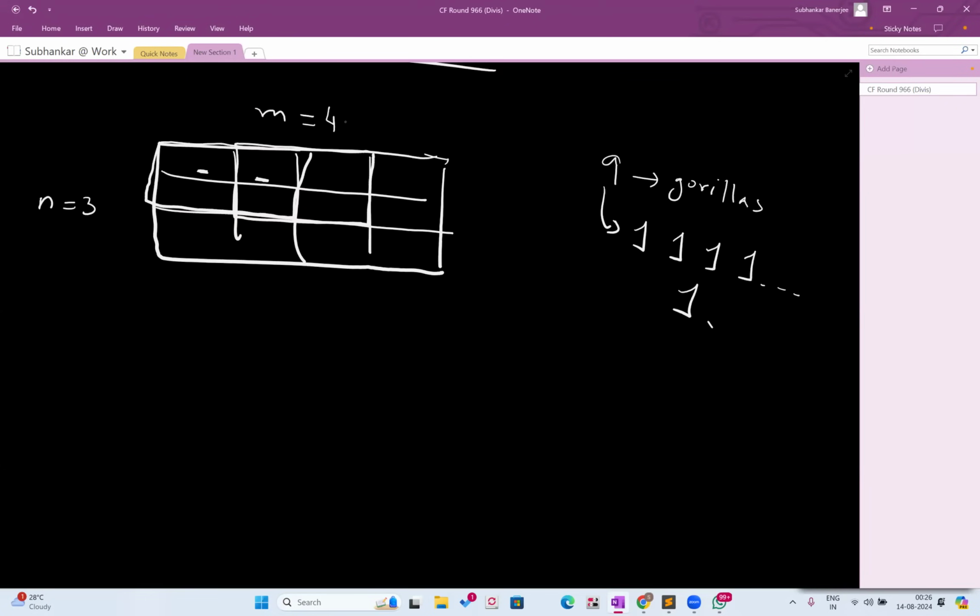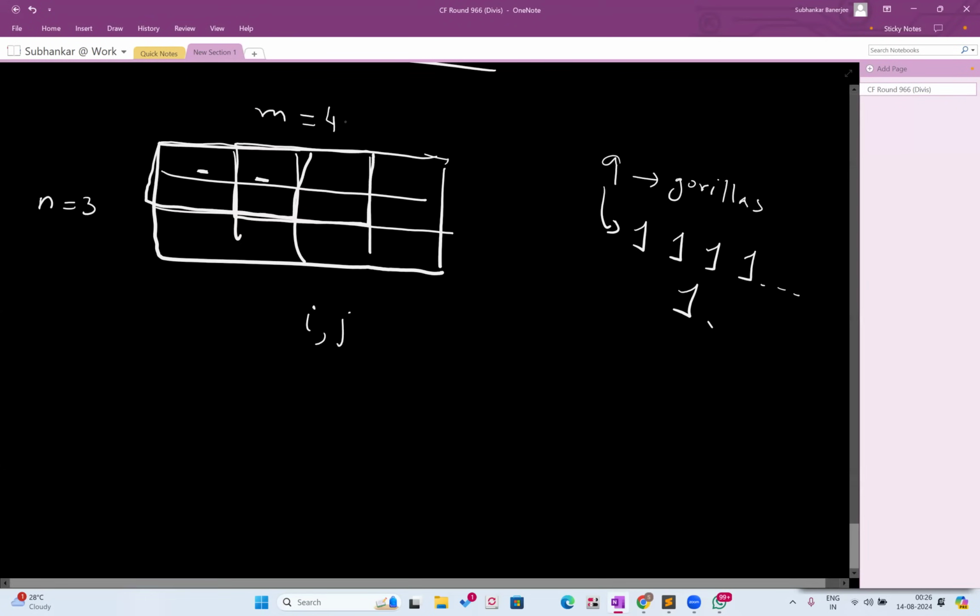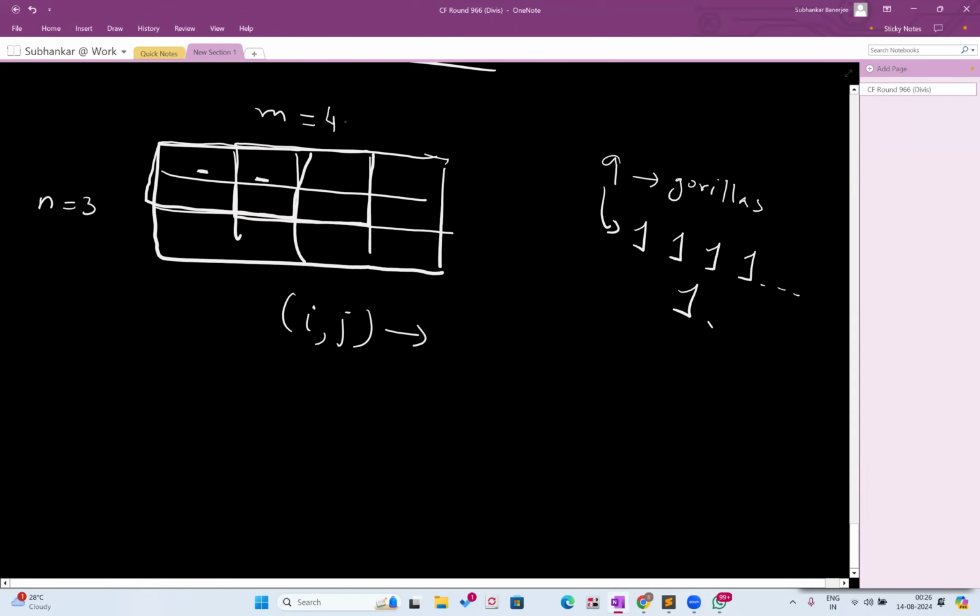So for every i, jth cell, I'll just see how many subsquares it is part of.